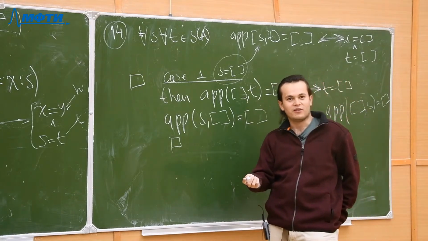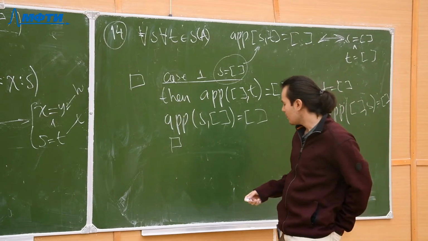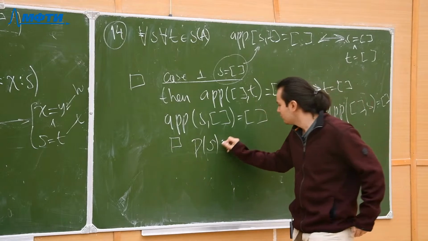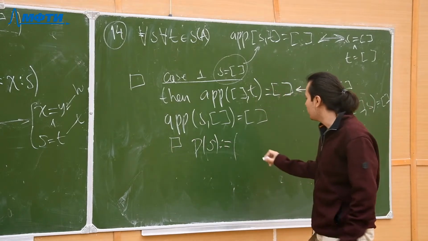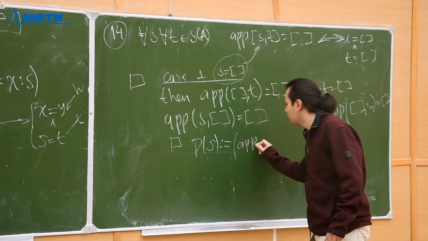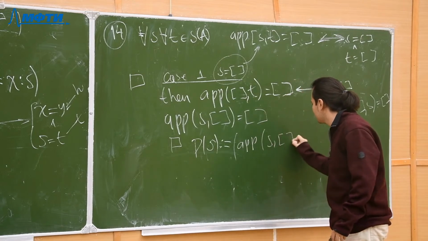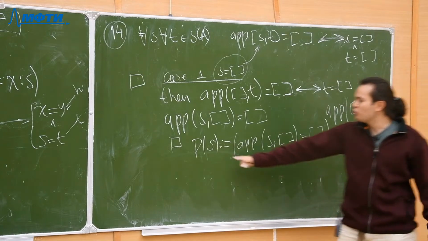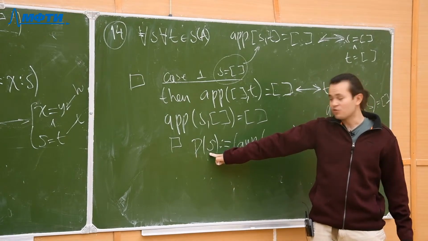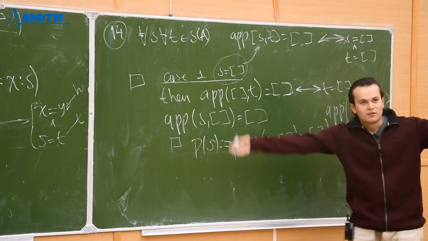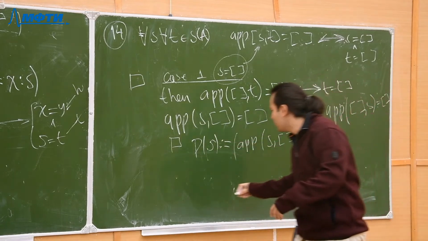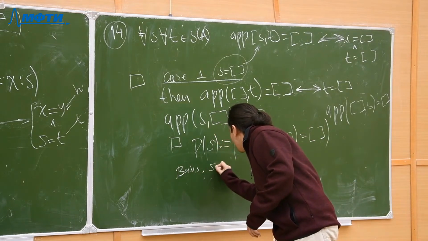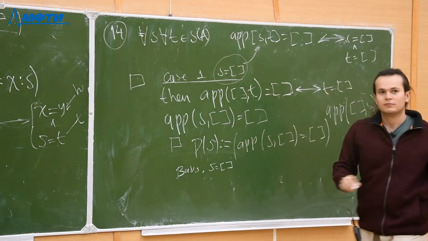I think you had that. So let's take some property. We'll say that this property is this one. And we need to show this for which s? For s the empty string and for s some other string. So the basis is the following: s is empty, right?